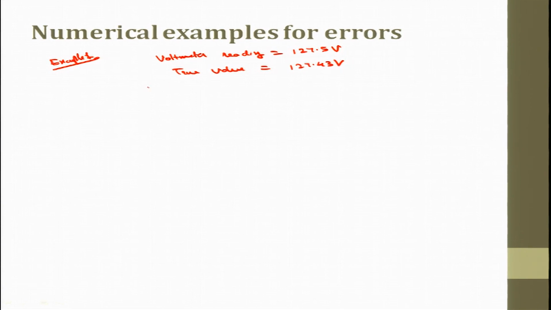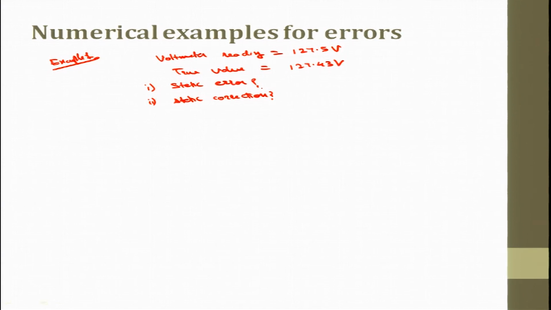So the question is, number 1, what is static error? Number 2, what is static correction? Please remember, static correction is for the instrument. What is the static correction that we should add to the instrument? That should be inculcated every time we use this instrument.